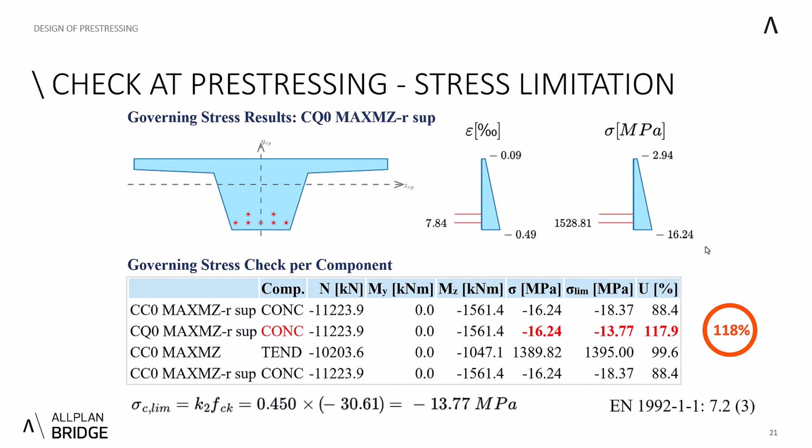The limit is given by provision 7.2 paragraph 3 of the Eurocode, and it is 45% of the characteristic concrete strength. Note that the characteristic concrete strength at the age when the concrete is pre-stressed is 30.61 megapascals only.